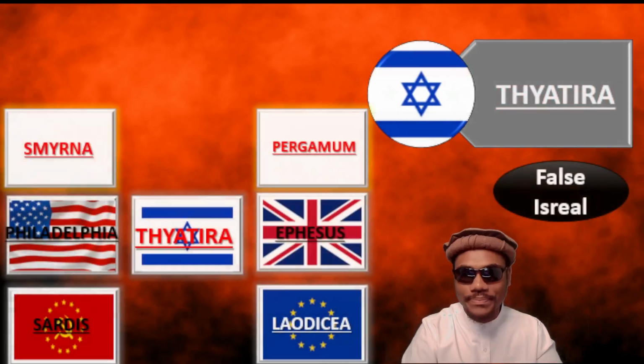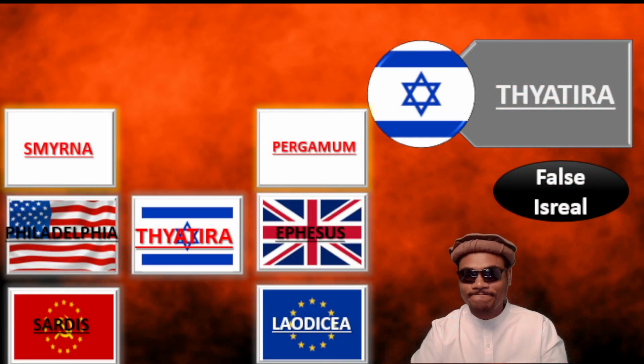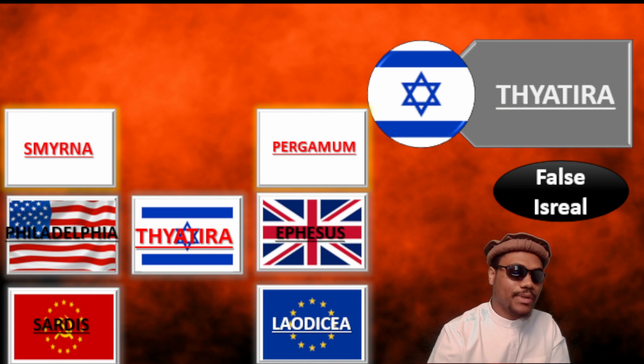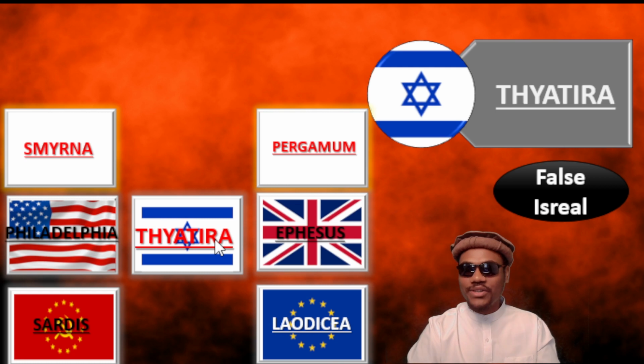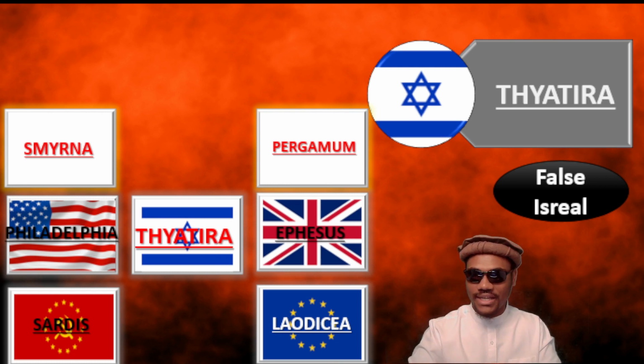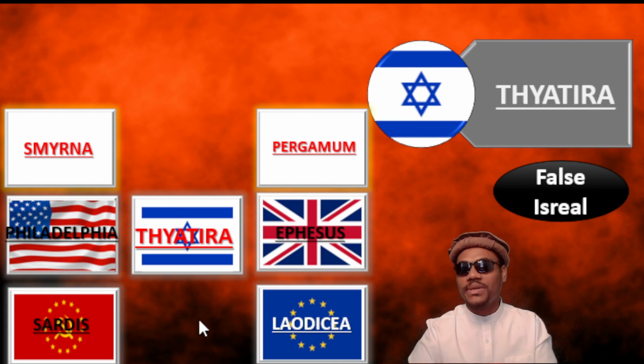Okay, let's move forward. All right, so you have Thyatira, which is false Israel, but when Thyatira is being spoken to, they're speaking to all the European nations, all of them. He's speaking to all of them. Iran, Syria, America, Britain, false Israel, Russia, and EU. They're all being spoken to.